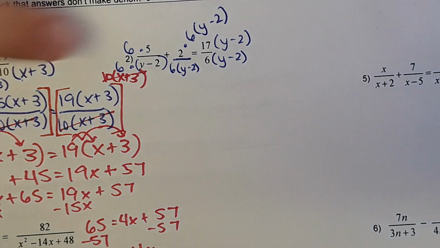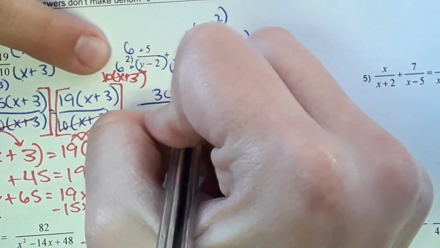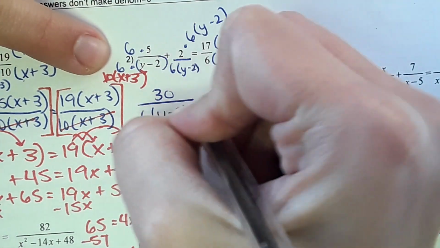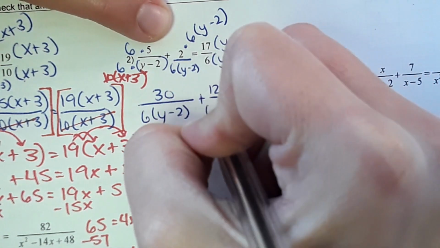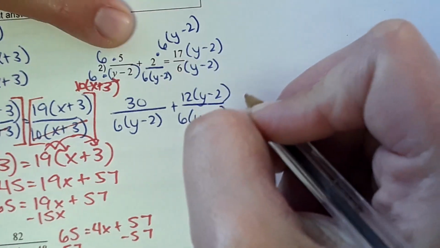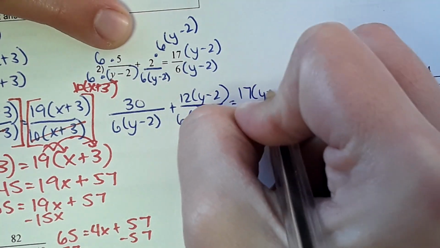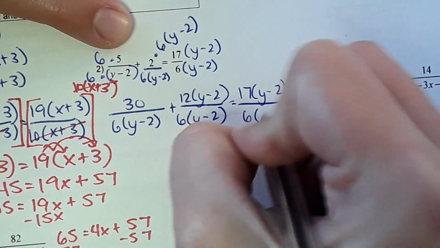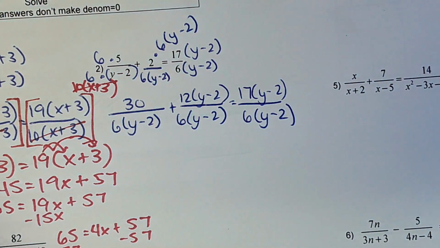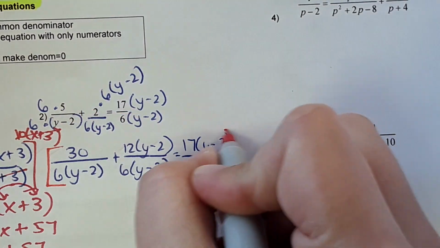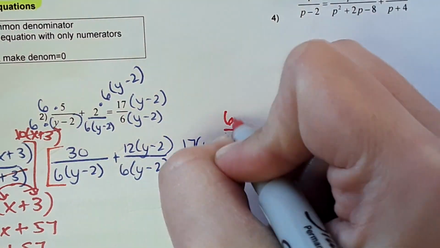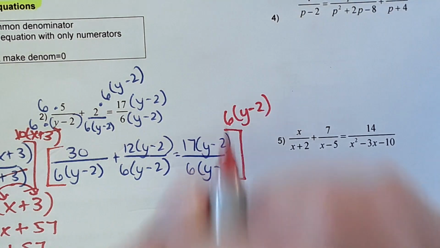Okay. Now I'm going to rewrite it with the new denominator. 30 over 6 times y minus 2, plus 12 times y minus 2 over 6 times y minus 2, then multiply this whole thing by 6 times y minus 2.